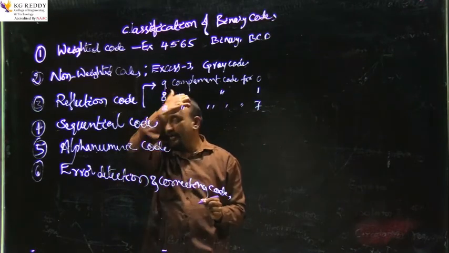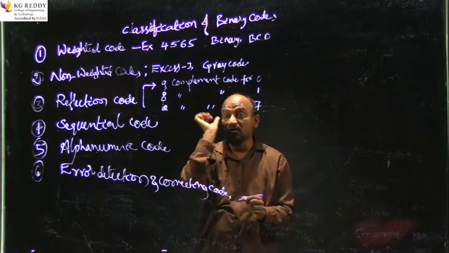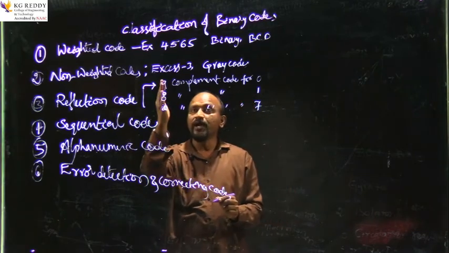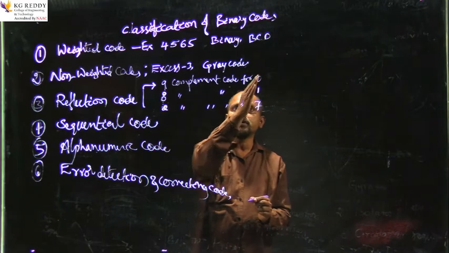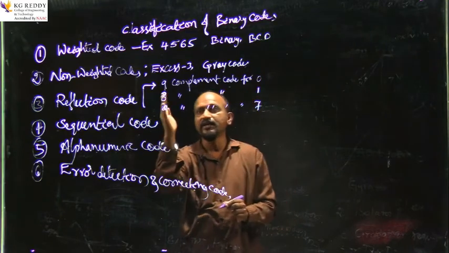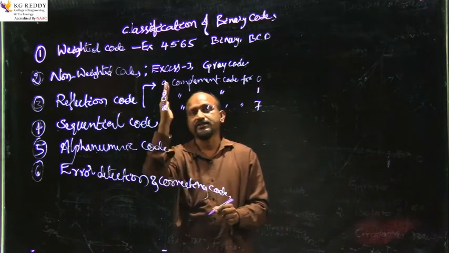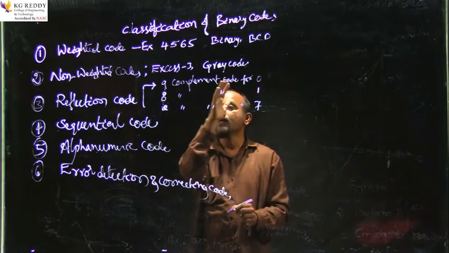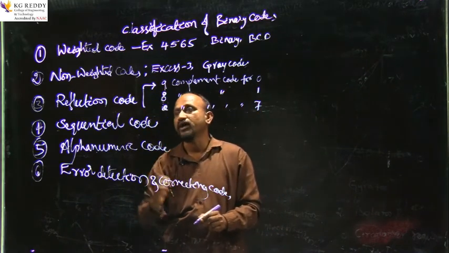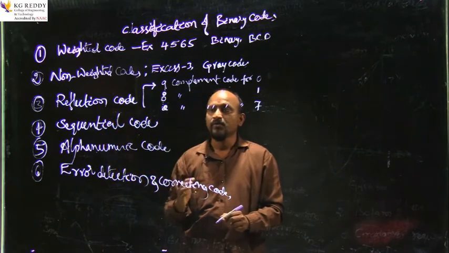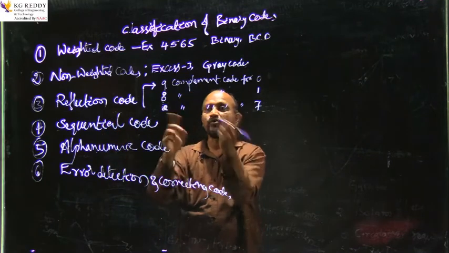These are the reflective codes. From 9 the complement is 0, again the complement of 0 is 9; the complement of 8 is 1, the complement of 1 is 8. These are the complementary codes, or reflective codes, which we call reflection codes. That means vice versa, both are reflected.